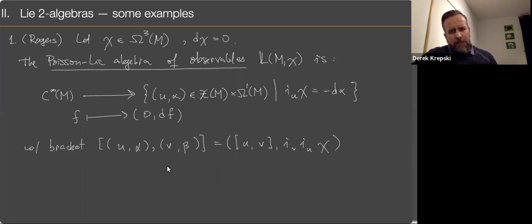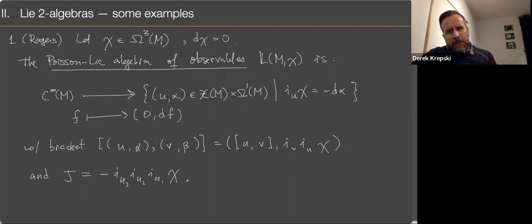So a bracket of two terms in degree 0 is just given here. You take the ordinary bracket of vector fields, and then you take this double contraction with our three-form chi to be the one-form. The bracket of terms of mixed degree, so you could also bracket an element in degree 0 with an element in degree 1, is just defined to be 0 in this case.